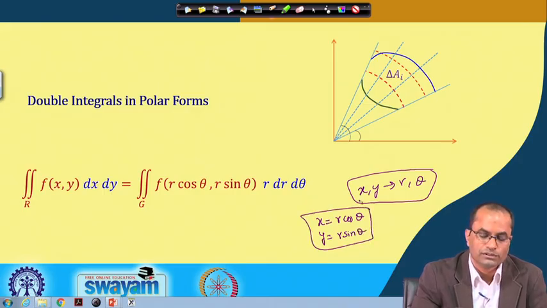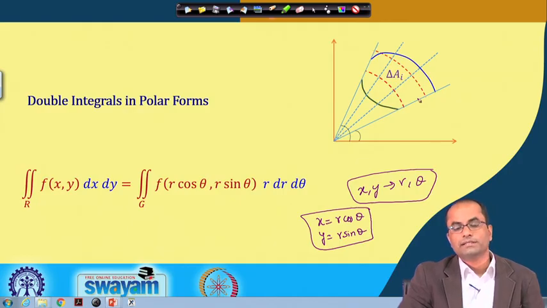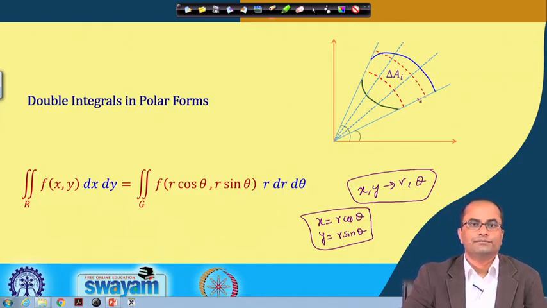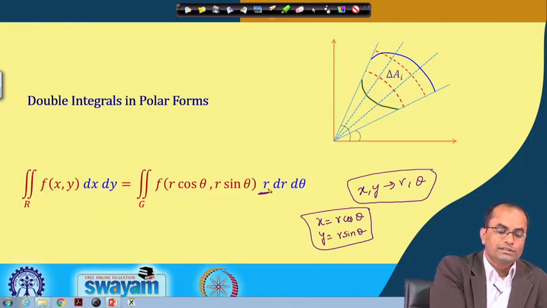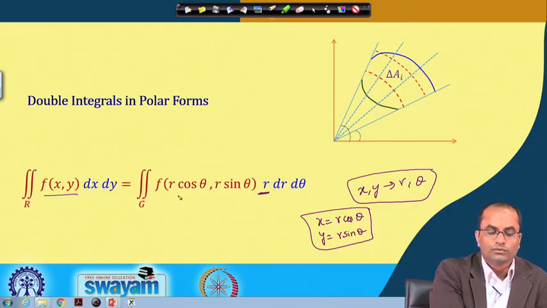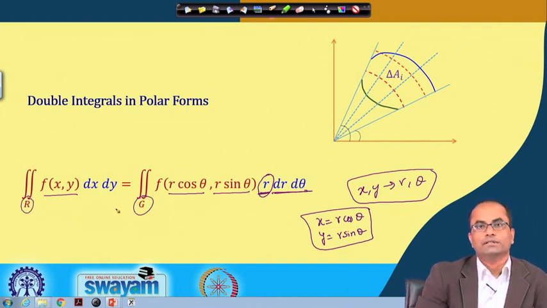So, this was also a substitution, but directly with the help of the fundamental definition, we have seen how this r is coming to the picture. And so, it is not just the substitution of the variables x and y to r cos theta and r sin theta, but also this factor r had appeared there, and then we have dr d theta, and corresponding to this we have to also substitute now the limits of r and theta.